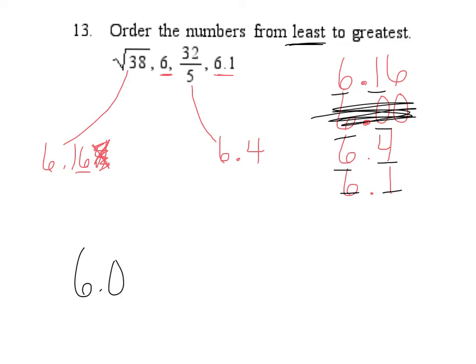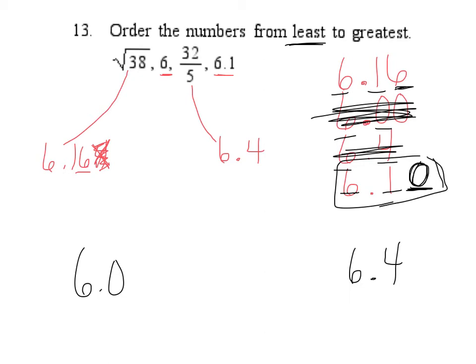Next, I look again at the tenths place, and I see I have a 1 and I have a 1. So these are tied. But I already know this 6.4 is my biggest, so I'm just going to write it over here, 6.4. So done with that one. So now all I have left to do is compare 6, but then there's nothing here to compare to. So I know I can add that placeholder 0. So this one is actually less than this one because 0 is less than 6.